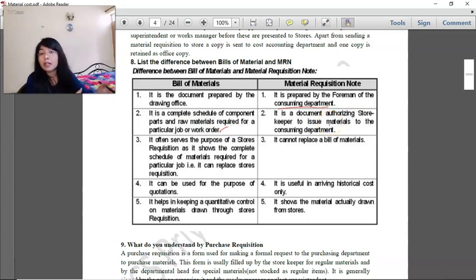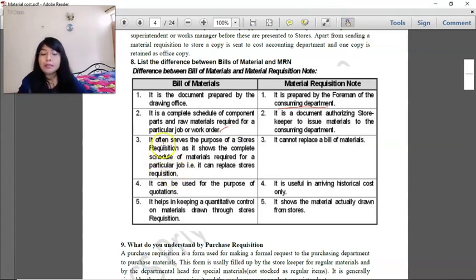The present need of the production department, suppose they need just 10 kg. A bill of material will not give you a schedule for a particular month, year or quarter, but the material request note is not for that long a period. It is just for the time being. Suppose right now I need 10 kg of cotton, I will issue the material request note for 10 kg of cotton.